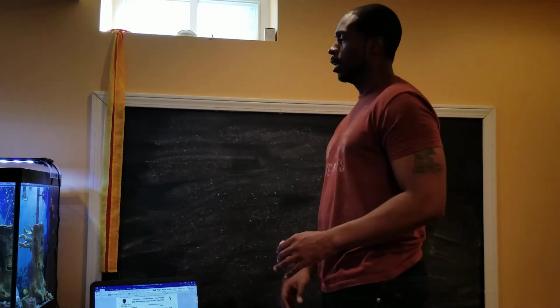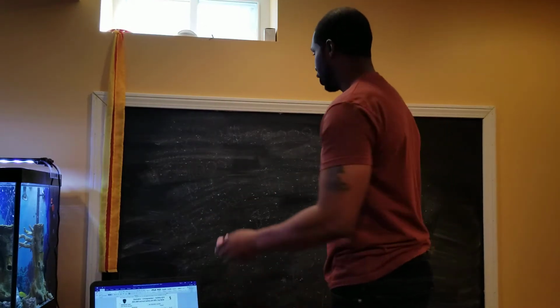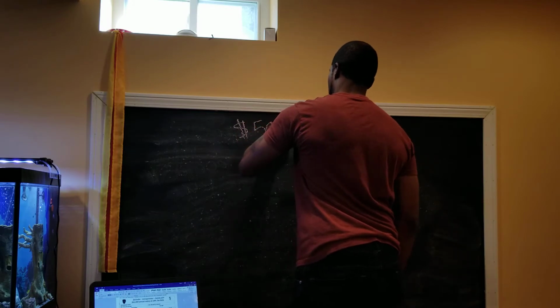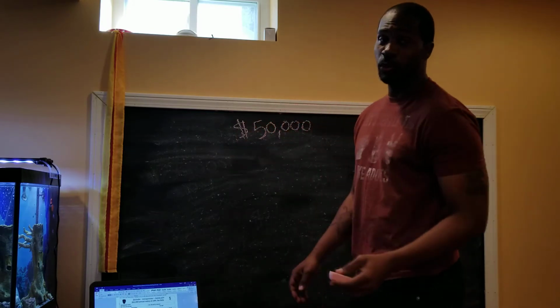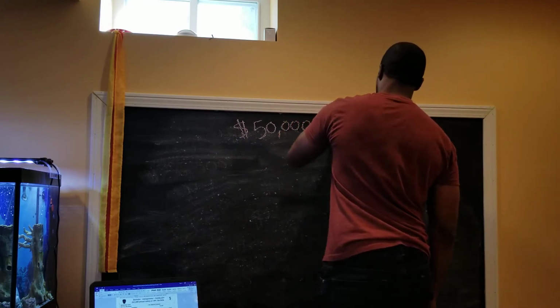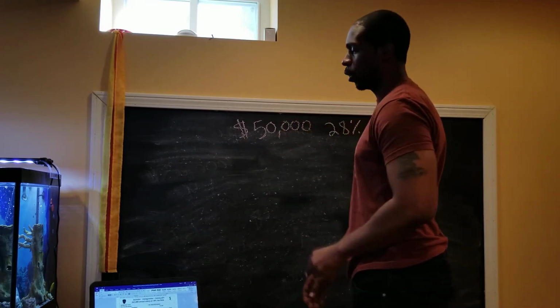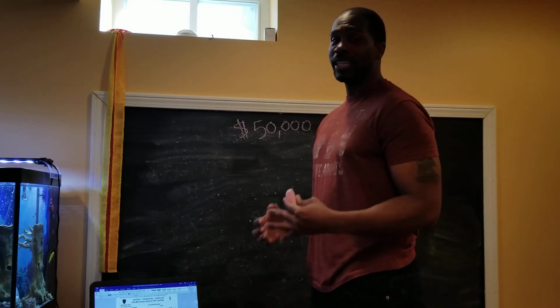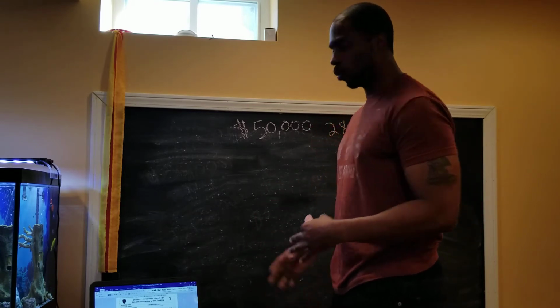So let's say you make $50,000 a year, right? And your tax rate is 28%. So my first question is, how much do I pay yearly in taxes? Real simple.